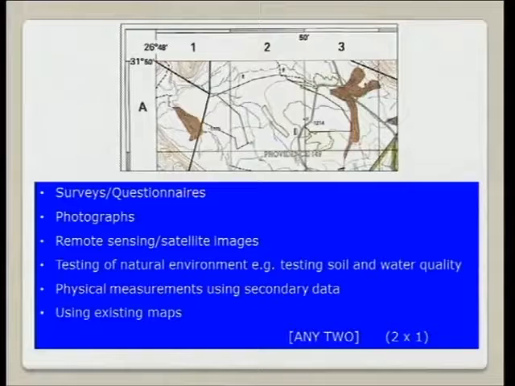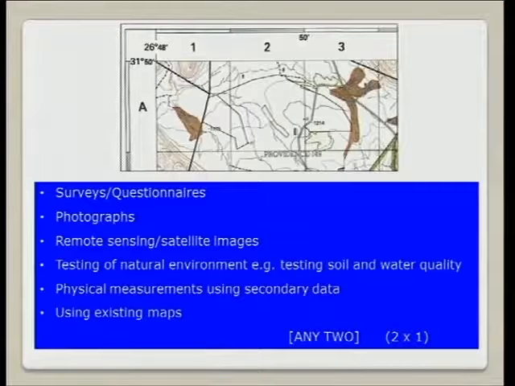In other words, field work can also be executed. Then measurements can be made, and then taking rainfall data, and then also measurements about how the soil is being removed after each and every huge storm. Photographs, remote sensing satellite images of previous years.